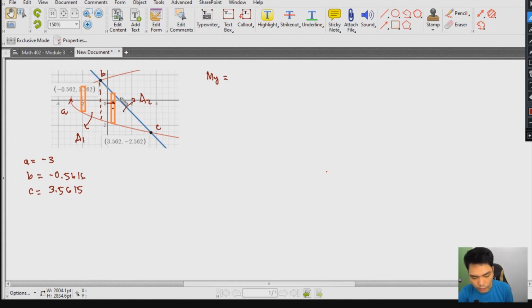So, you could have the equation that is the integral from this point, that's -0.5616 to 3.5616, it should be 6, and then integrated from x multiplied by, that's f of x minus g of x. So, ano ba f of x natin dito?